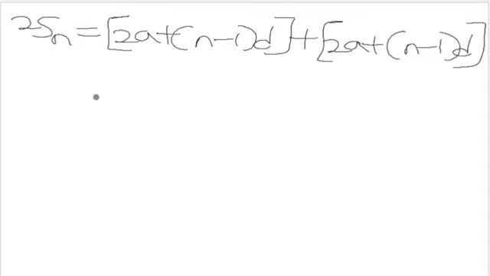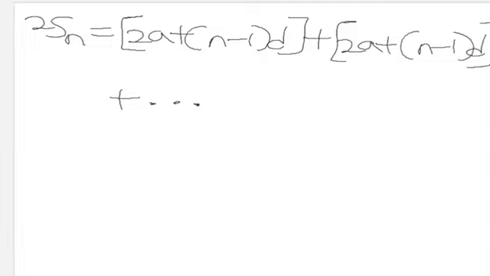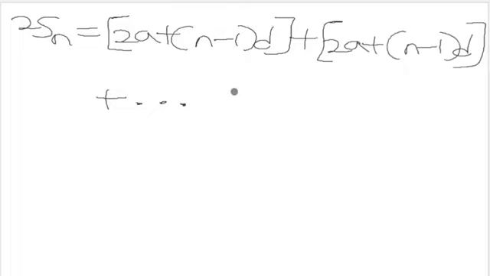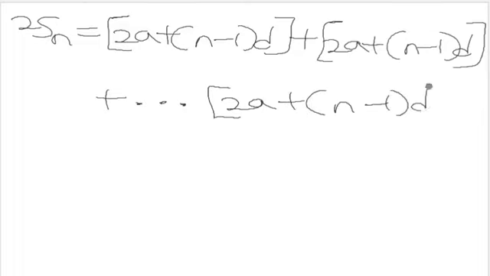If you continue with this, we keep on adding the terms together in these two equations, and everything will still give you 2A plus (N minus 1)D. So 2Sn is equal to n times this. If you have 10 terms here, it's going to give you 10 of this 2A plus (N minus 1)D.